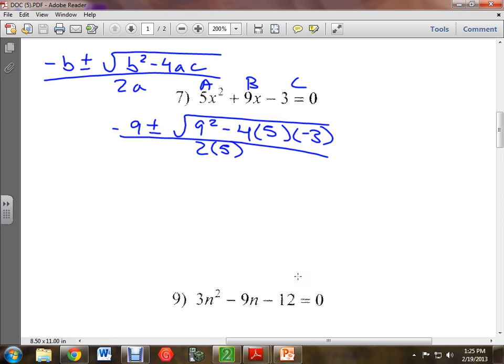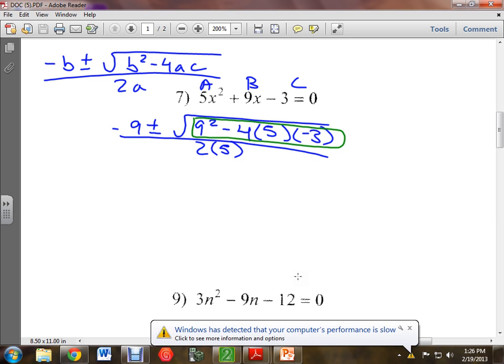So what I have done so far is simply plugged the numbers into the formula. Once I plug the numbers into the formula, I have to calculate. I said before, what should I start with calculating? The inside of the square root. You can type the entire inside into a calculator, or you can do 9 squared is 81, and then figure out what 4 times 5 times 3 is, and then do the calculation.